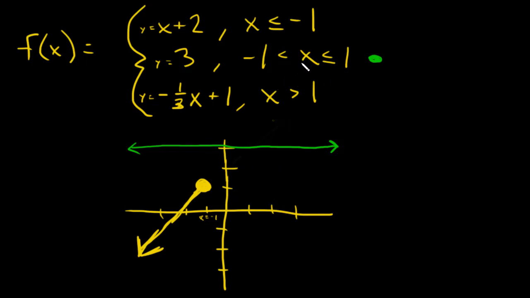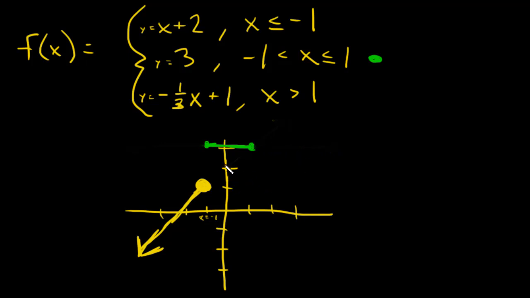Well, this one lives between negative 1 and positive 1. So, x equals negative 1 and x equals positive 1. It's going to live in between these two values. So it doesn't live anywhere else. I can erase all the rest. So I'm going to erase all this. And erase all this.